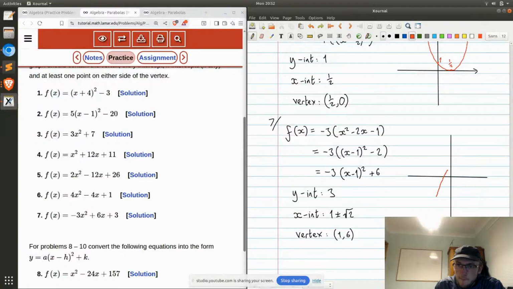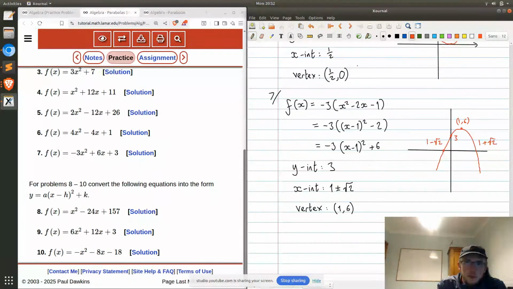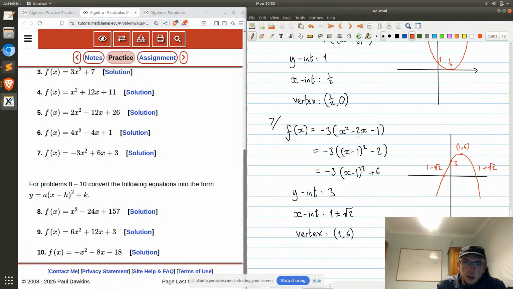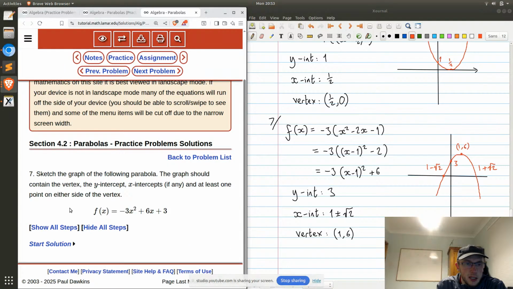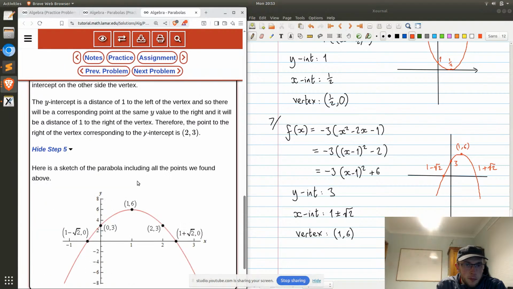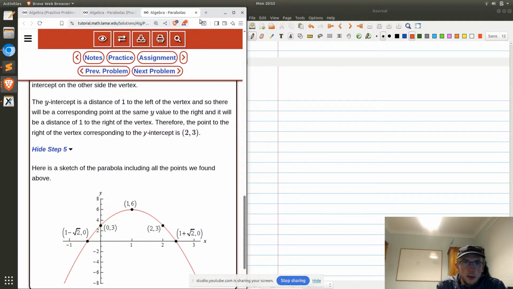Okay. One minus root 2. 1 plus root 2. 3. 1,6. And check. Everything must be checked. And that's correct. And that's good.